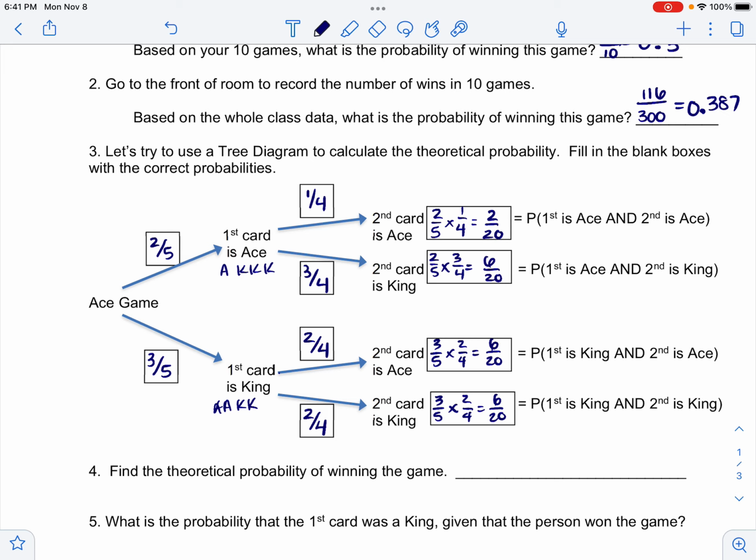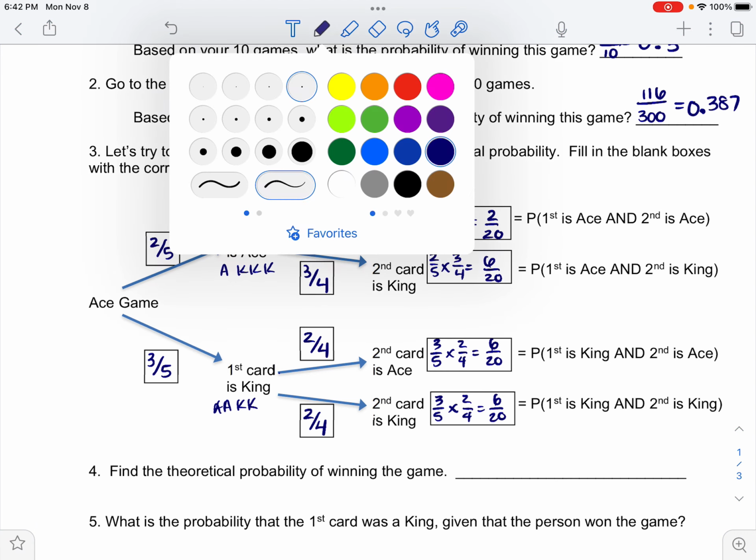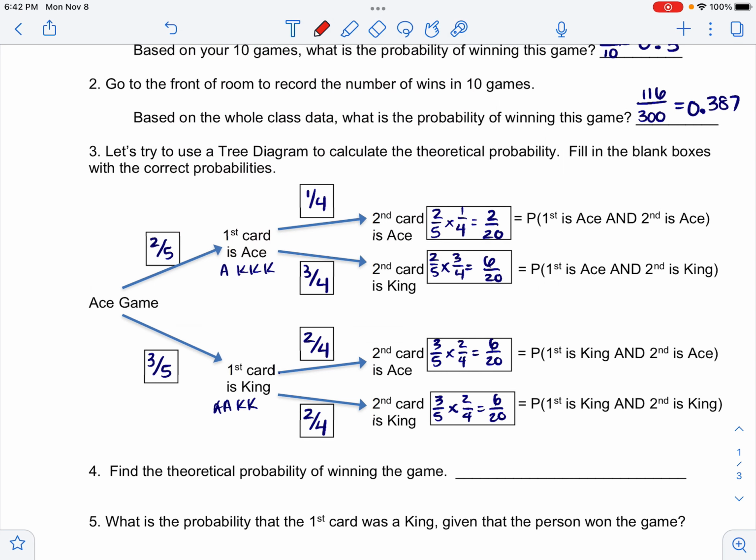Now 4 says, find the theoretical probability of winning the game. So in order to find the probability of winning, I want to add together the probabilities of the branches where I won. So for the ace game, if I draw an ace the first card and an ace the second card, that is considered a win. So this one up here would be considered a win.